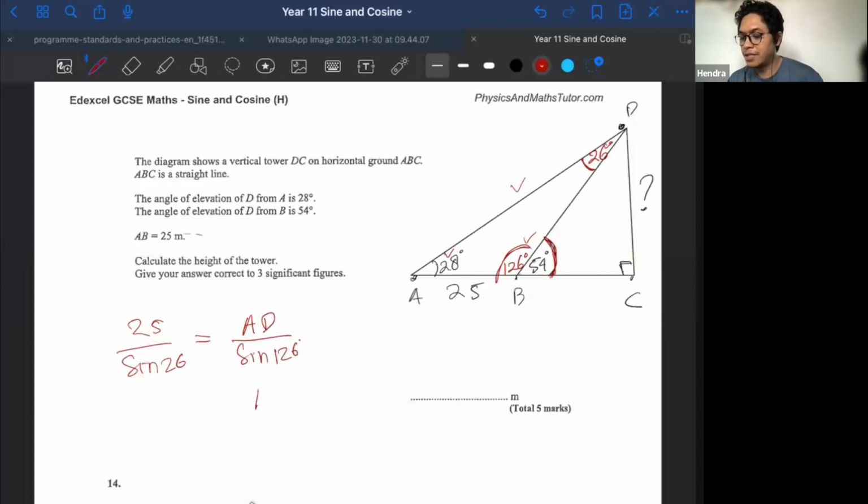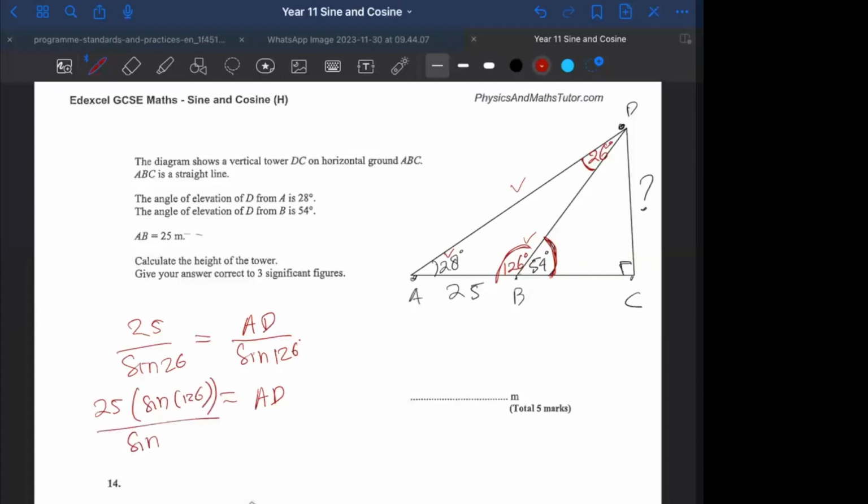So AD equals 25 times sine 126 over sine 26.